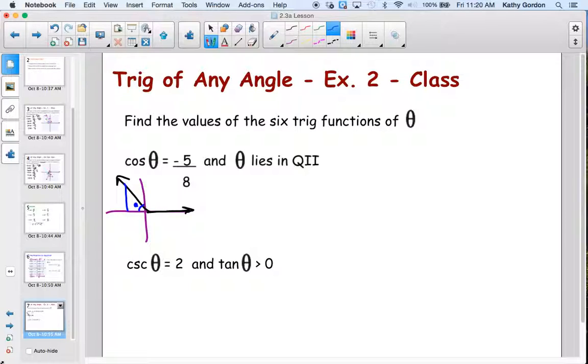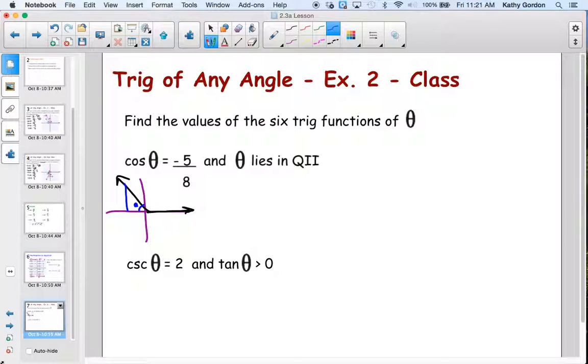So if I know cosine is negative 5/8, what does that tell me about my triangle? I already know I'm in the second quadrant.